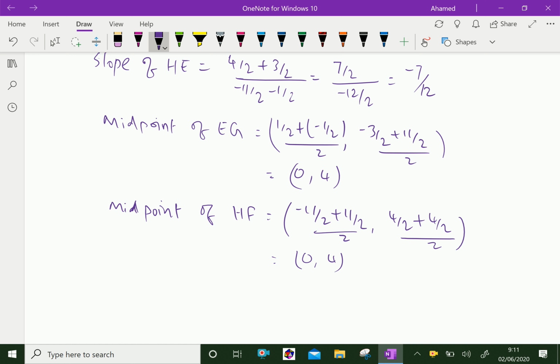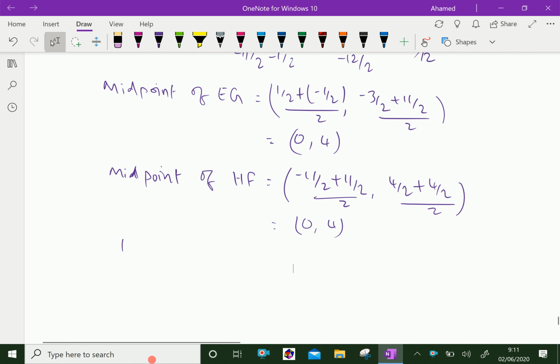Look at both midpoints, they indicate the same point, which means both diagonals bisect each other.